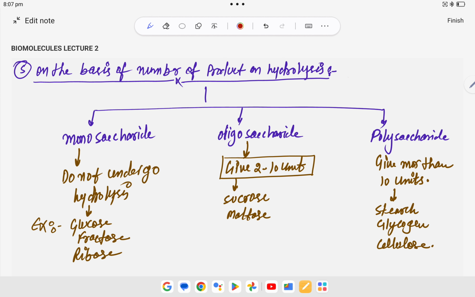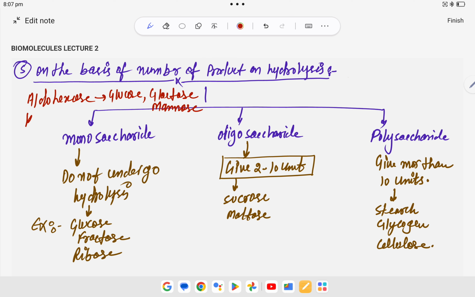In the case of aldohexose, glucose, galactose, and mannose.